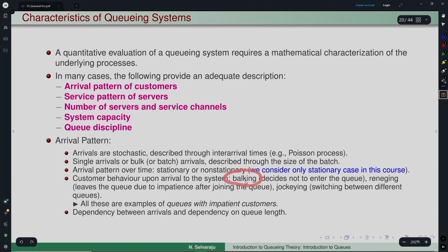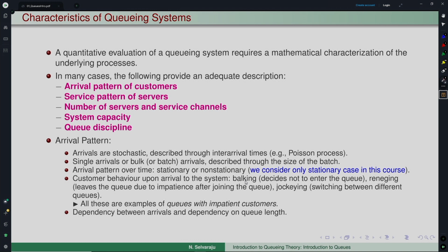I am deciding not to enter the queue. That phenomenon is called balking. Balking in queuing means that you decide not to enter the queue.